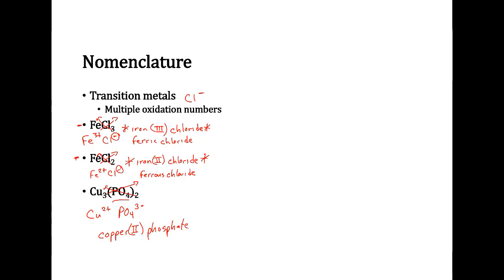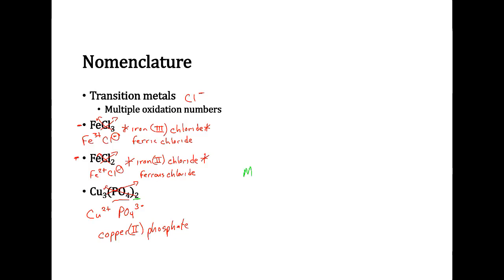And note the way that this formula is written, that this 2 shows us that there are 2 phosphate ions. So since we're trying to figure out what ratio these combine in, since copper has a 2+ charge and phosphate has a 3- charge, we will end up needing 3 coppers and then 2 phosphates.